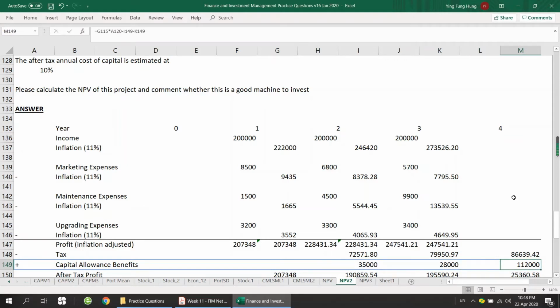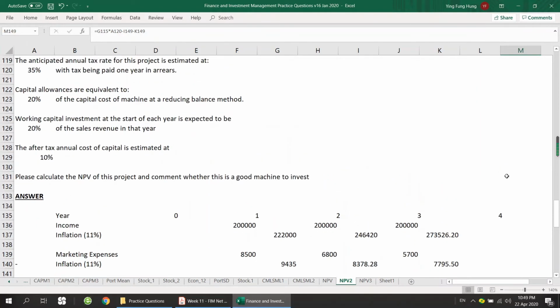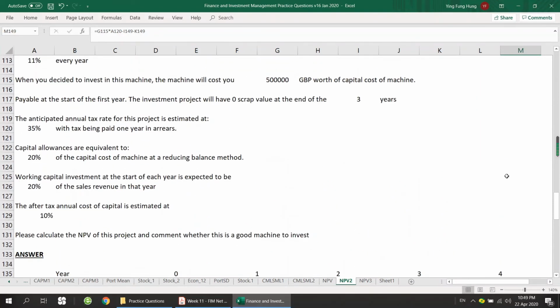For the capital allowance benefit in the third year, since we are selling the machine already and there will be no scrap value, the amount is going to be this 500,000 for the cost of the machine multiplied by this 35% tax.